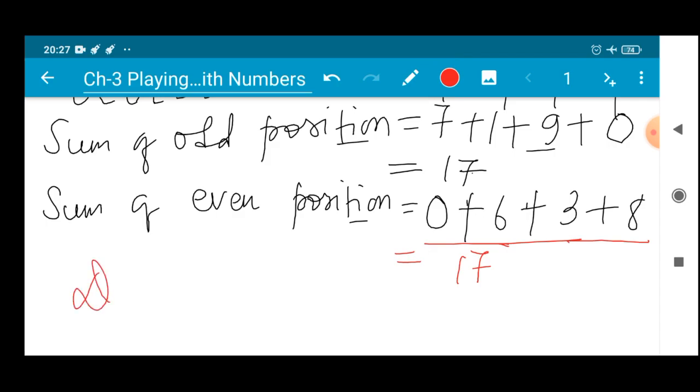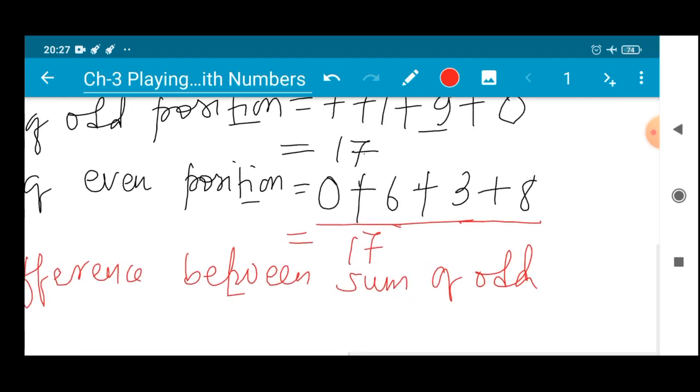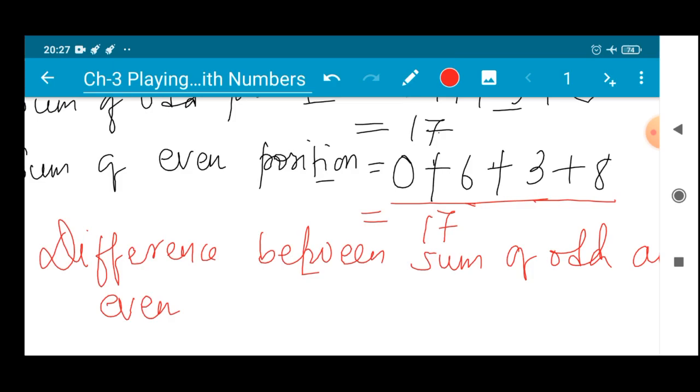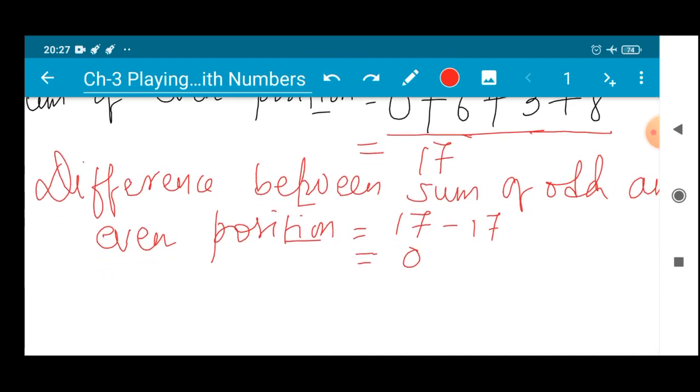So let's do that. Difference between sum of odd and even position is equal to 17 minus 17 is equal to 0. Right, in both cases we got 17. So when we find the difference, of course we are going to get 0.